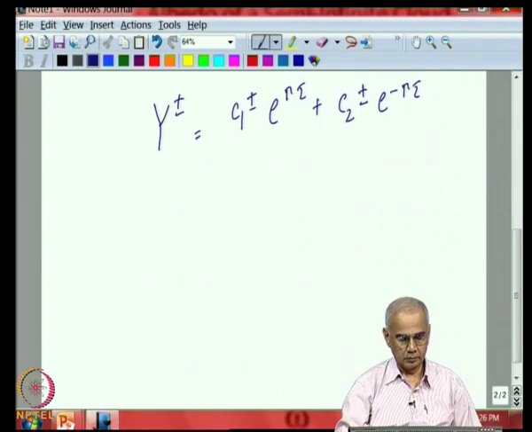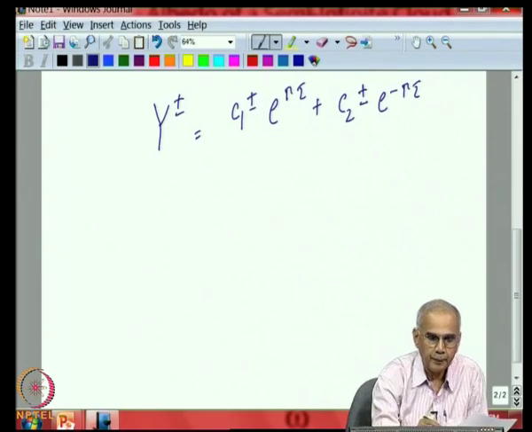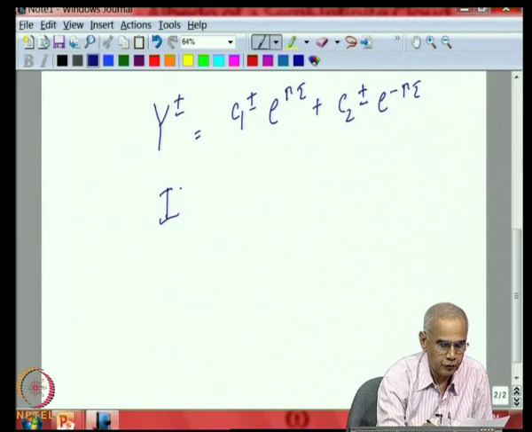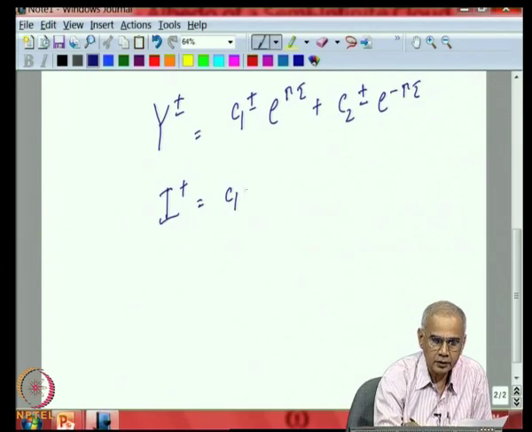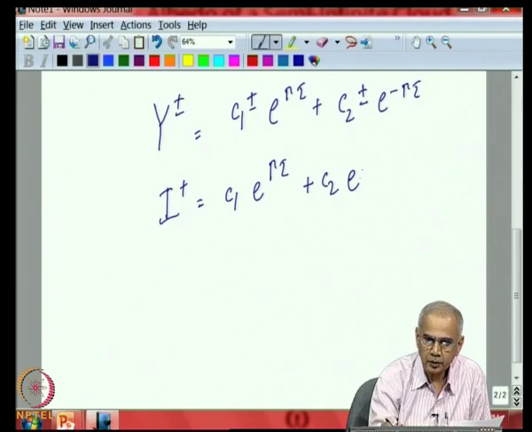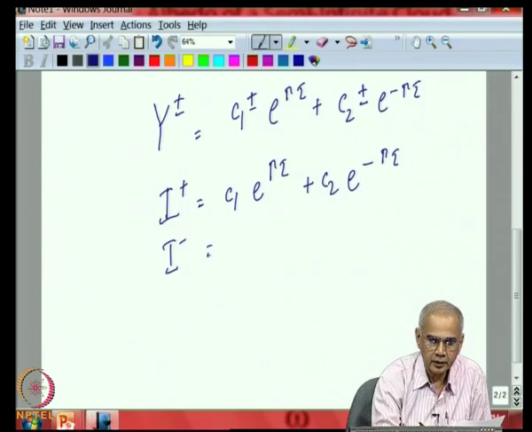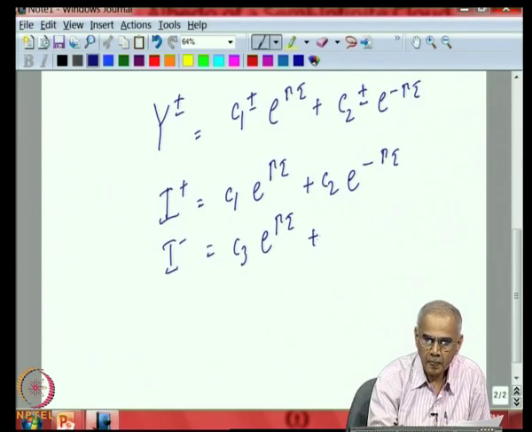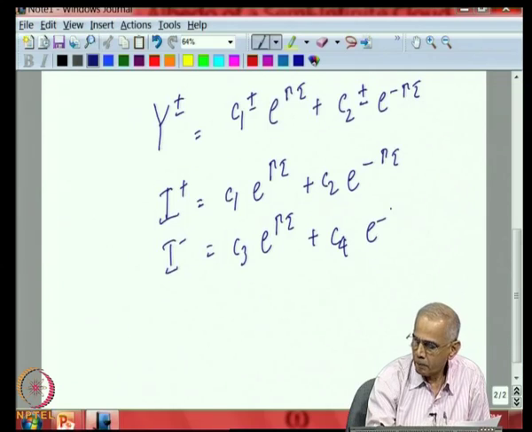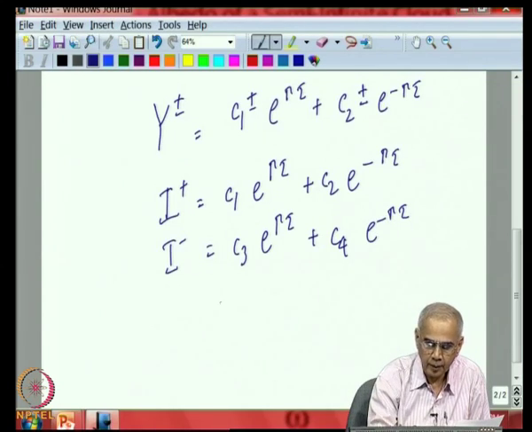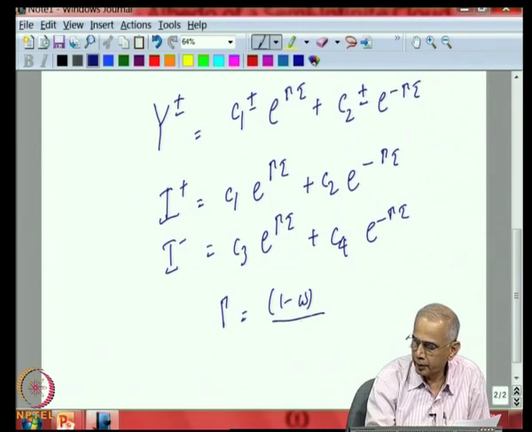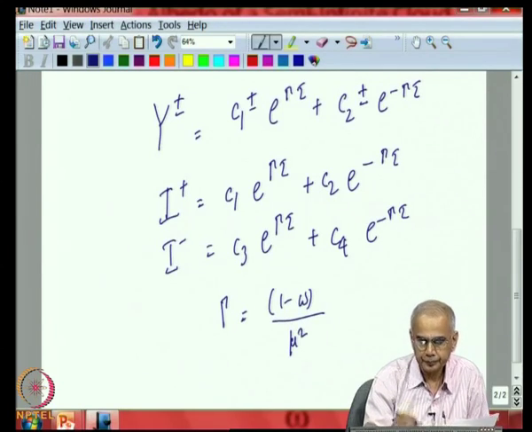the equation. So, we can write it in terms of I plus and I minus, which is a more familiar form: I plus is C 1 e to the power of gamma tau plus C 2 e to the power of minus gamma tau, and I minus can be written as C 3 e to the power of gamma tau plus C 4 e to the power of minus gamma tau, where gamma is nothing but root of 1 minus single scattering albedo by mu squared.